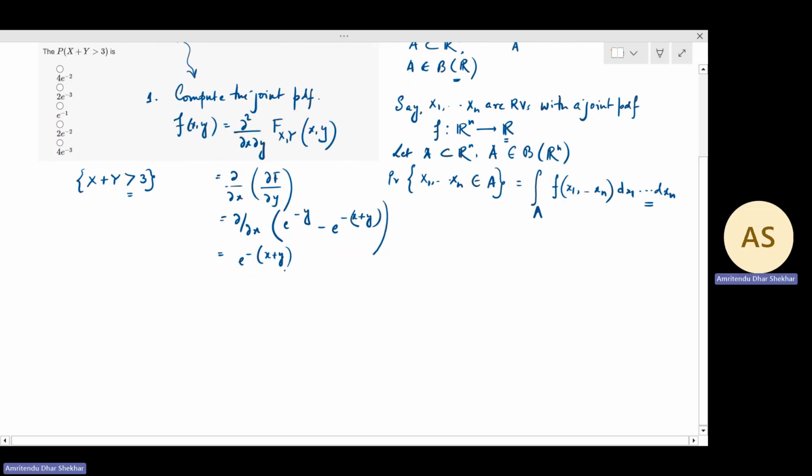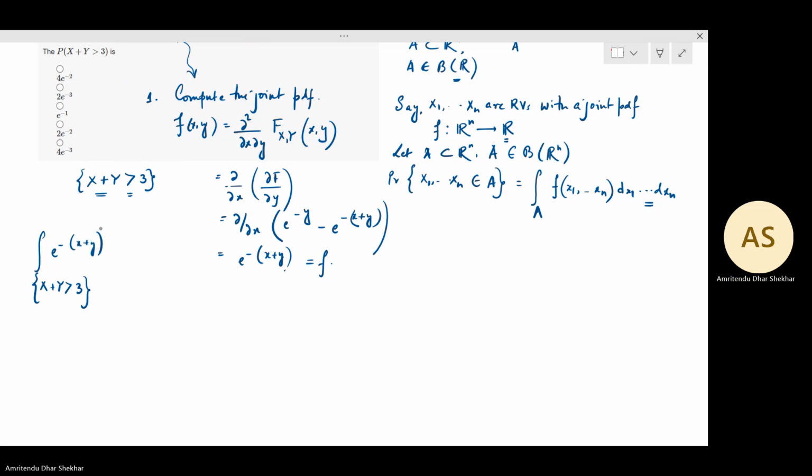So now, of course, we have the joint PDF f. We want to compute the probability of this event, which is x plus y being greater than 3. And as usual, we're going to use the PDF. So that is the integral of e to the power minus (x plus y) dx dy.